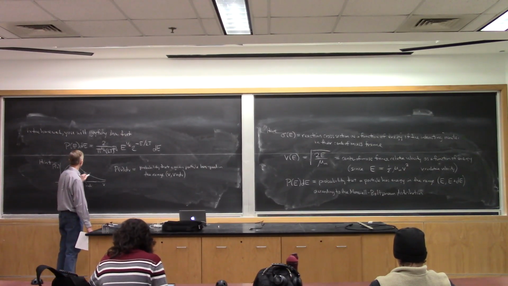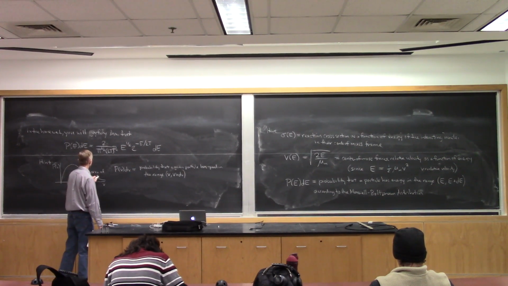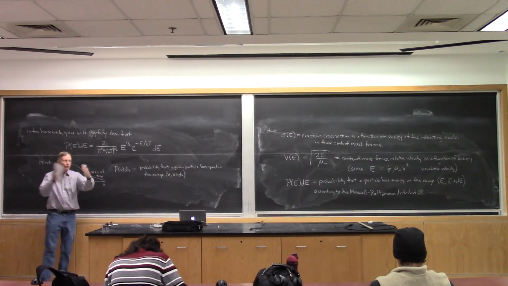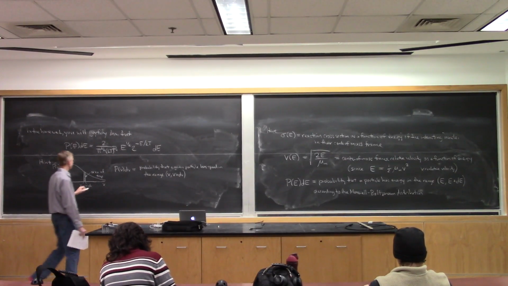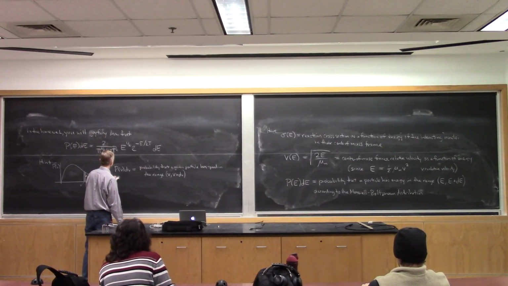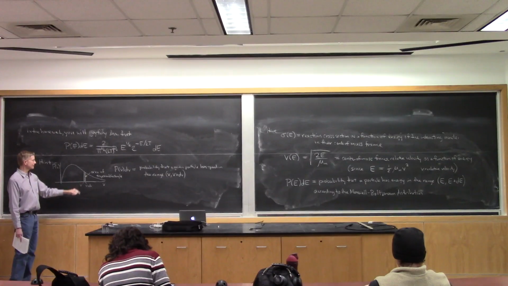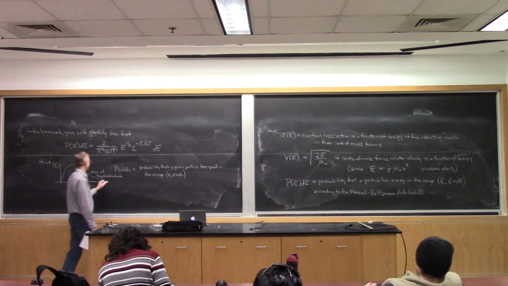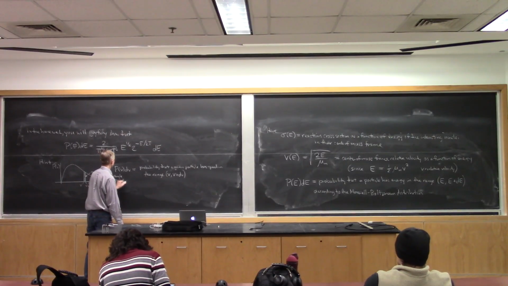Think of the trapezoidal approximation when you're doing an integral. Area of that little trapezoid slash rectangle, because this is really the formula for the area of a rectangle, P of V times dV, is P of V dV.